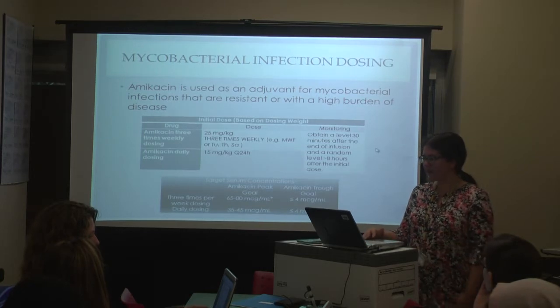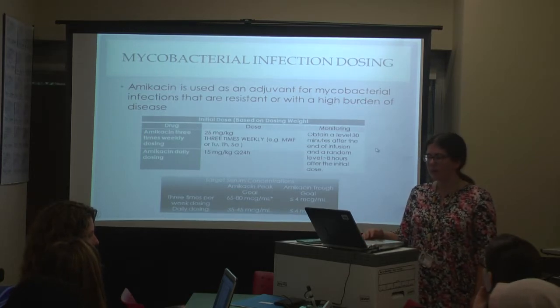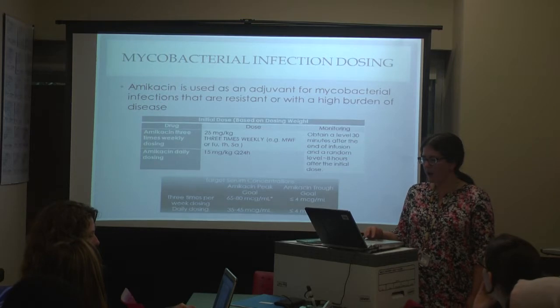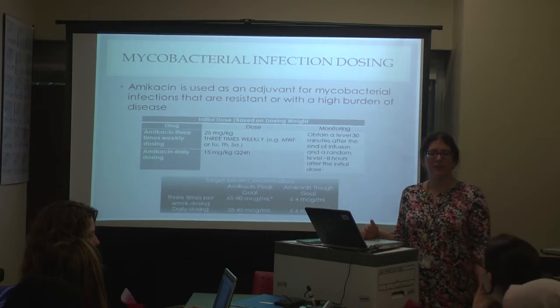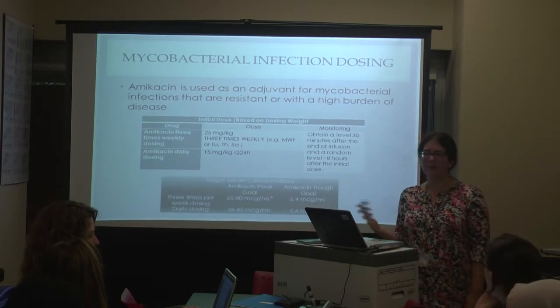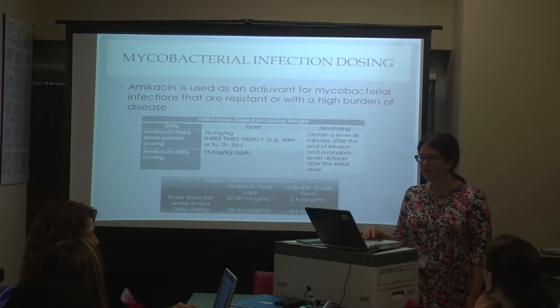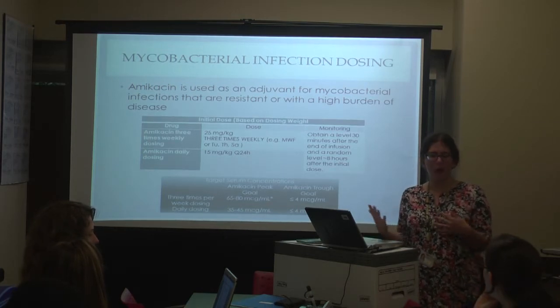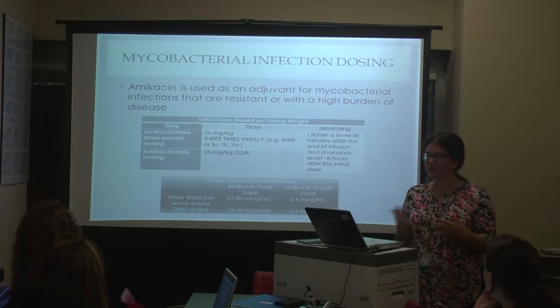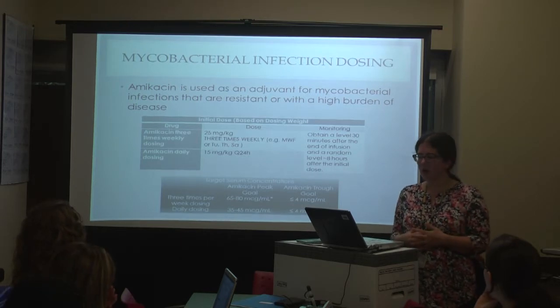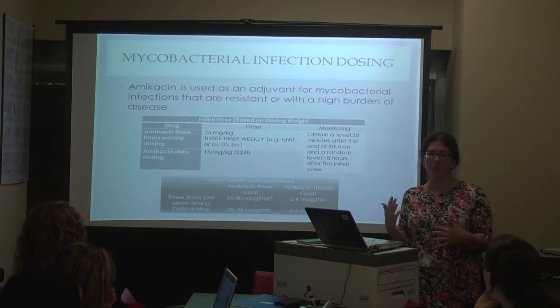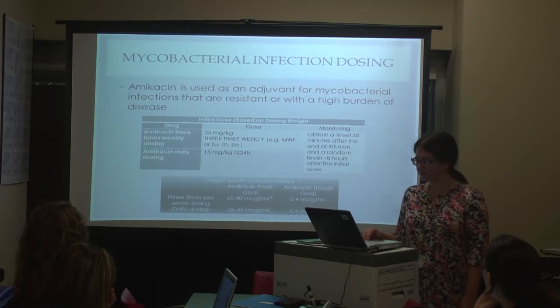So there is also going to be information about how you monitor levels for these patients. For the adult protocol, it's going to be recommended that it's 3 times weekly for all patients unless the physician specifically wants daily. With the pediatric protocol, we have both as options. And I did talk to our physicians here, and they often do start with daily amikacin, and then as the patient improves, they move to 3 times a week.